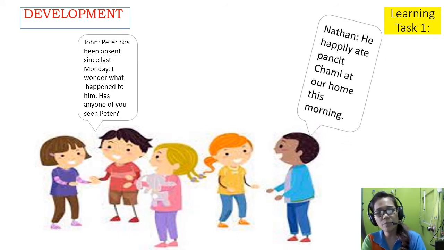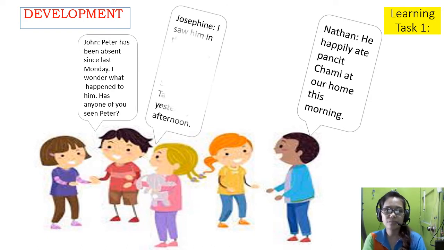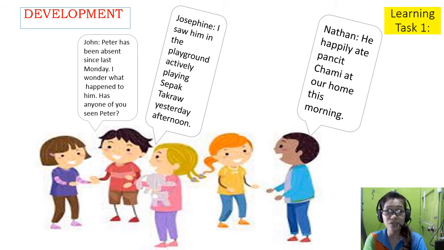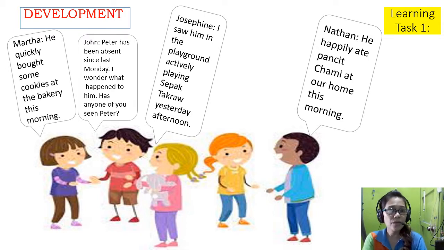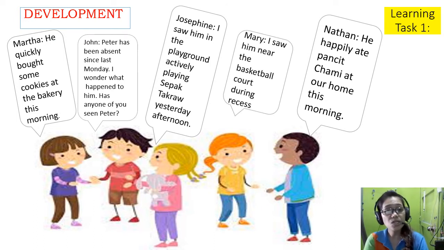He happily ate pancit chami at our home this morning, said Nathan. I saw him in the playground actively playing sepak takraw yesterday afternoon, said Josephine. He quickly bought some cookies at the bakery this morning, said Martha. I saw him near the basketball court during recess, said Mary.